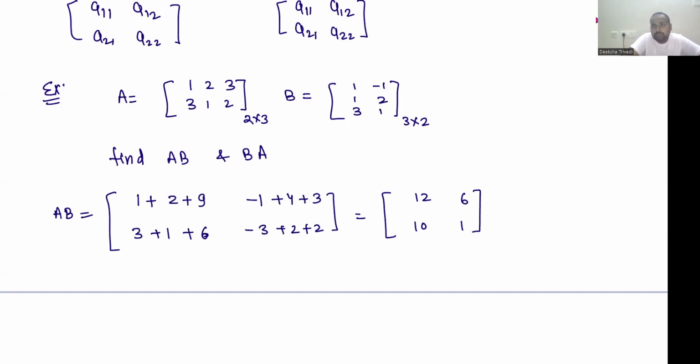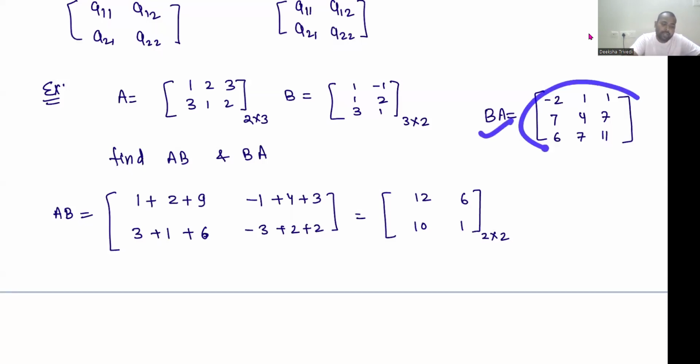Karan, Utkarsh and Uttam, did you get that or not? Yes, sir. Now tell me what is BA. Anyone have any doubt? So that's how we are multiplying. Am I correct? Check. Yes, sir. Anyone have any doubt?